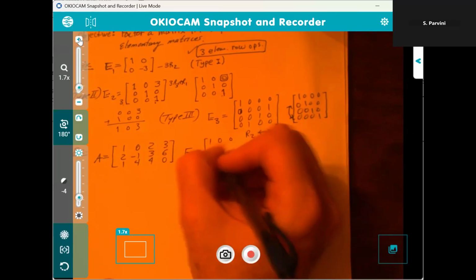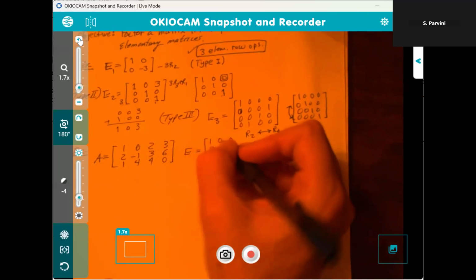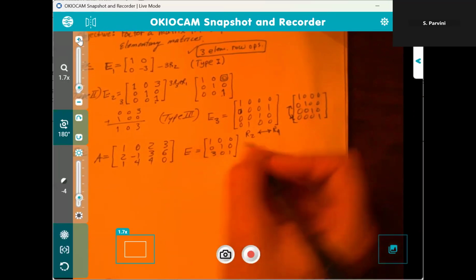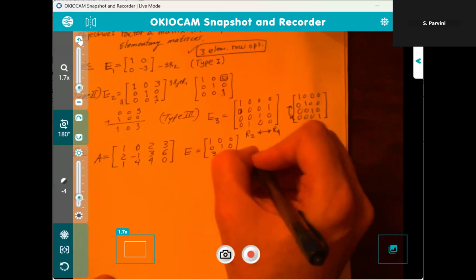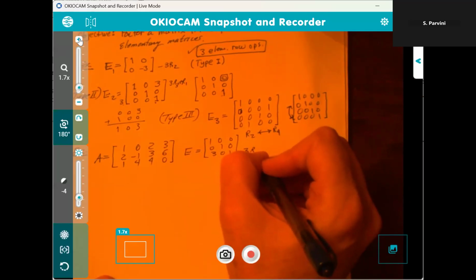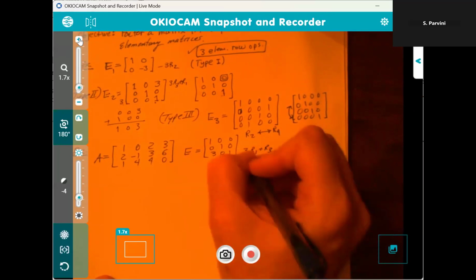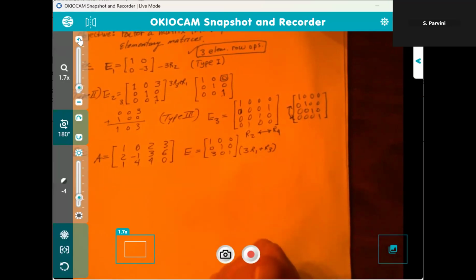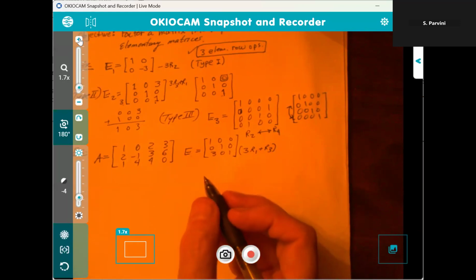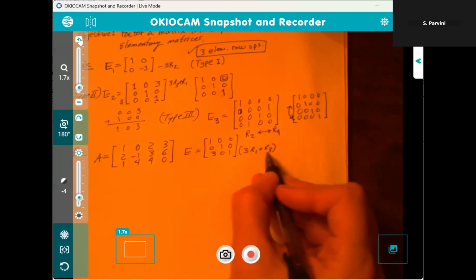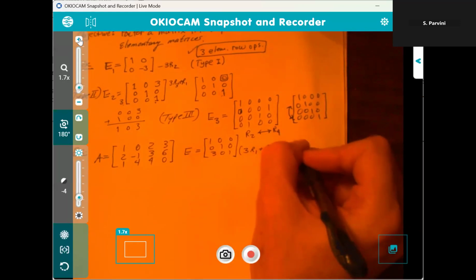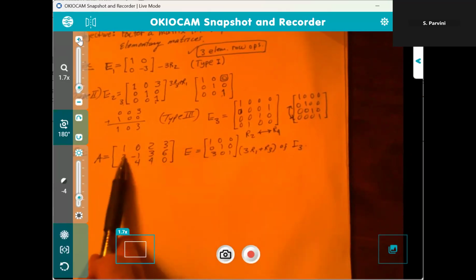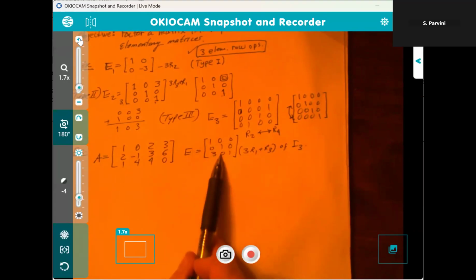And I'll write it down for you in a moment, what I'm doing here. So this is the elementary matrix. And how did I get this? I did 3R1 plus R3. That's what I did to get this elementary matrix. Okay. So I did 3R1 plus R3 of I3. That's just E. Has nothing to do with this. That's just what I did to E.